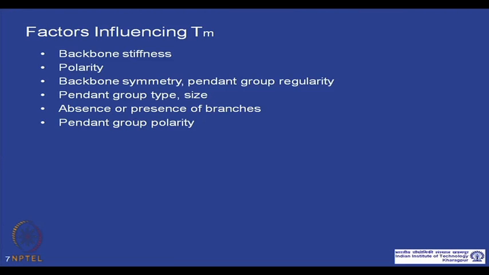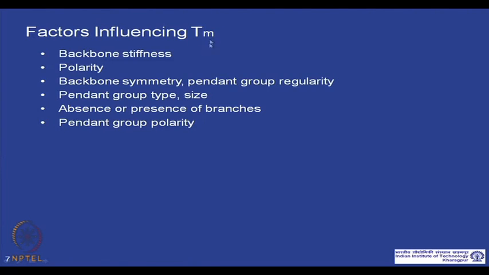So, if you look at the chain microstructure or chemical structure, what are the factors we can think of which will affect the value of Tm? Obviously, we discussed backbone stiffness.